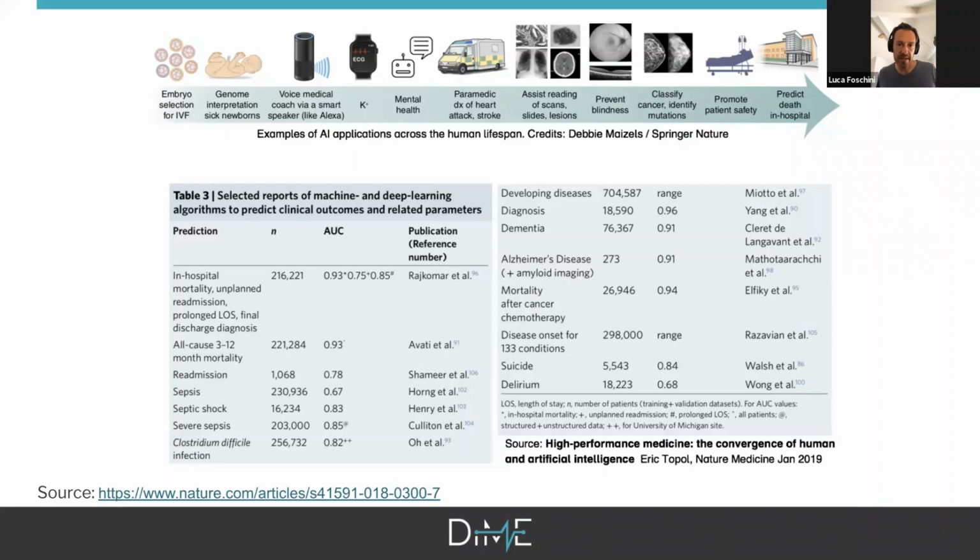These tables report performances of these machine learning algorithms. We will see in a bit that it's really important to define how we measure how good these algorithms are through a performance metric. Next slide.